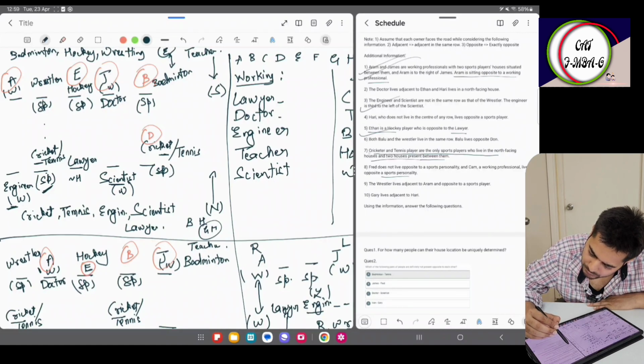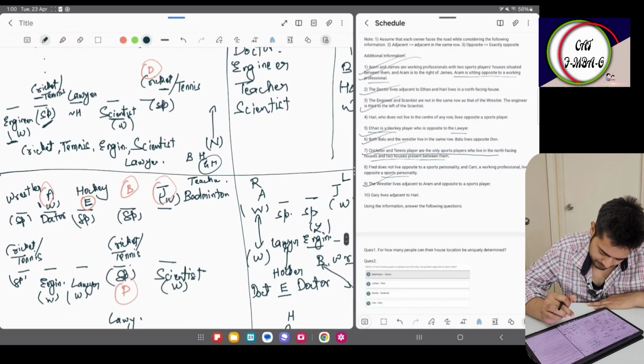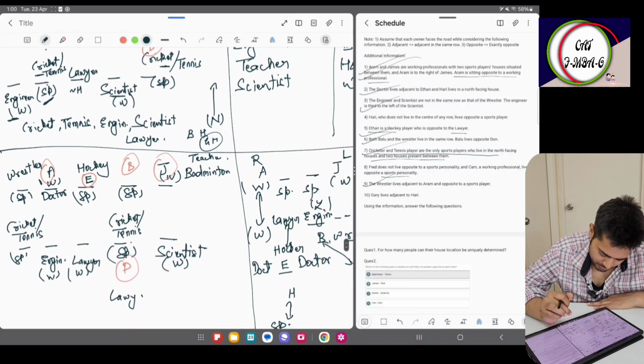So what else is left? This is also done. Balu and wrestler live in the same row. Balu lives opposite Don. This is also done. Cricket and tennis players are the only sports players who live in Northwest. This is also done. Now wrestler lives adjacent to Aram and opposite a sports player. This is also done. Gary lives adjacent to Harry. So Gary lives adjacent to Harry.